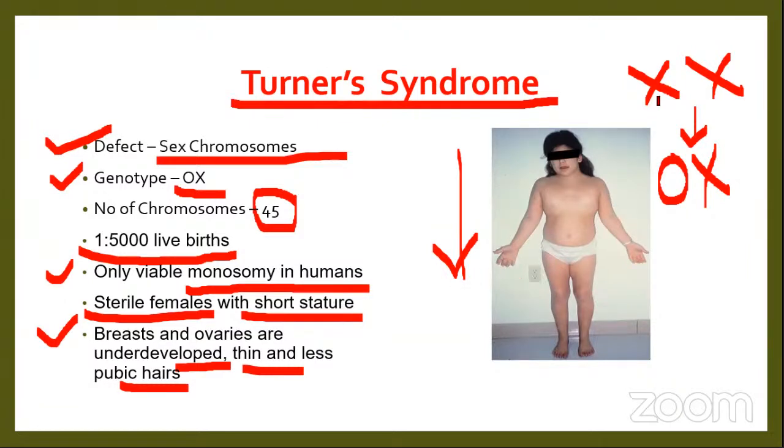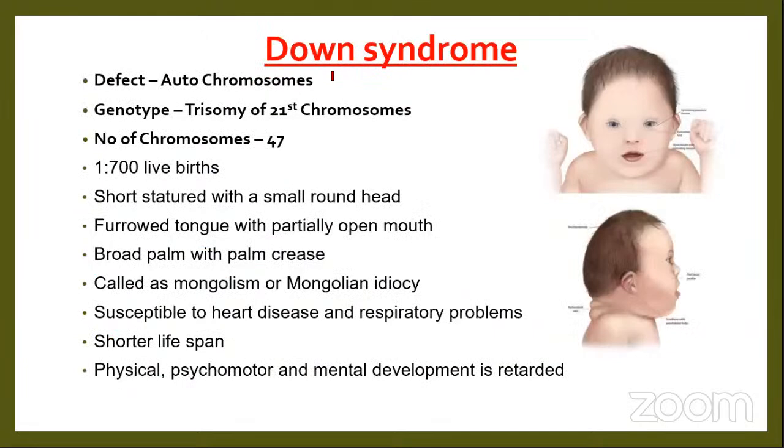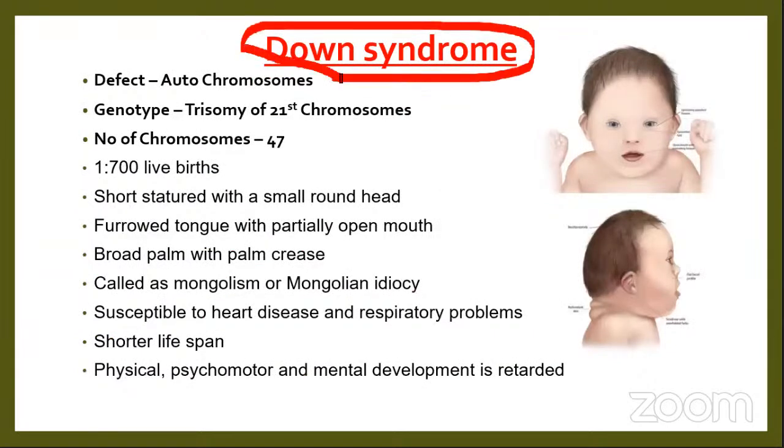The next is Down syndrome. It is not an allosomal chromosomal disorder. It is autosomal. See here, the defect is in the autosomes, where the 21st pair of chromosomes will have trisomy.